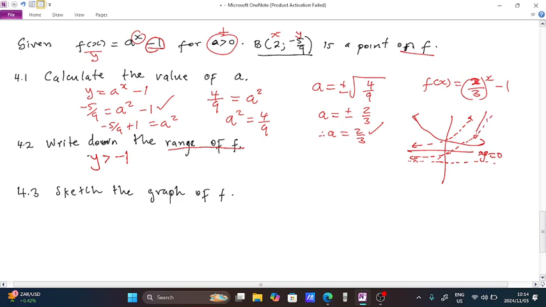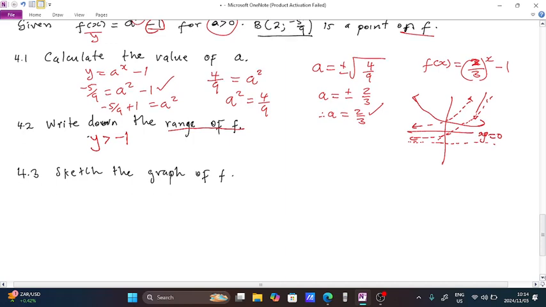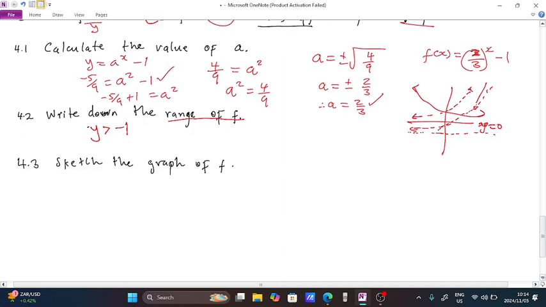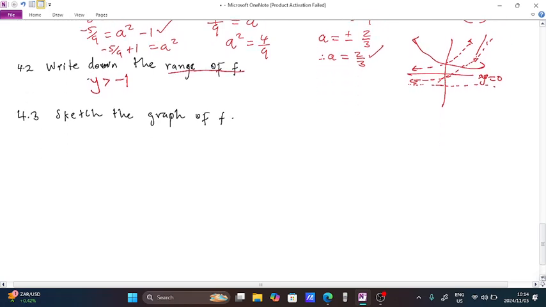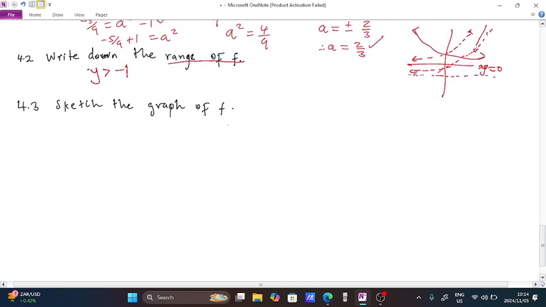Right, now sketch the graph of f. For us to sketch the graph, we can use the table and see what we get.